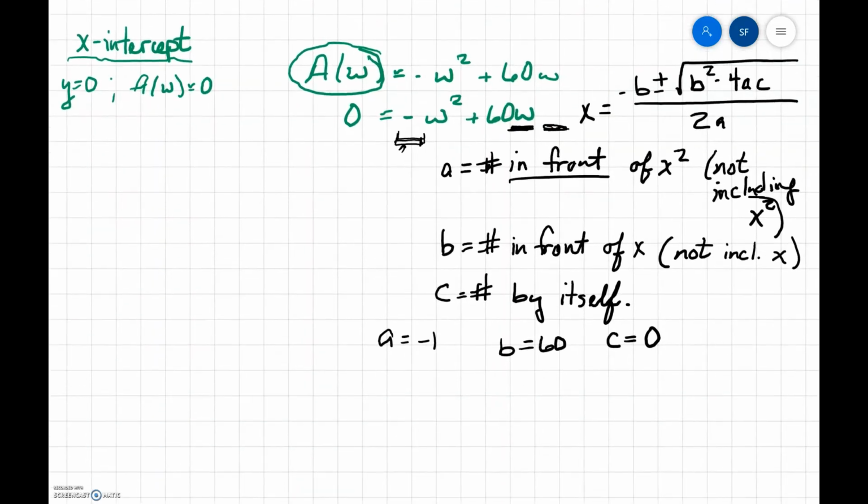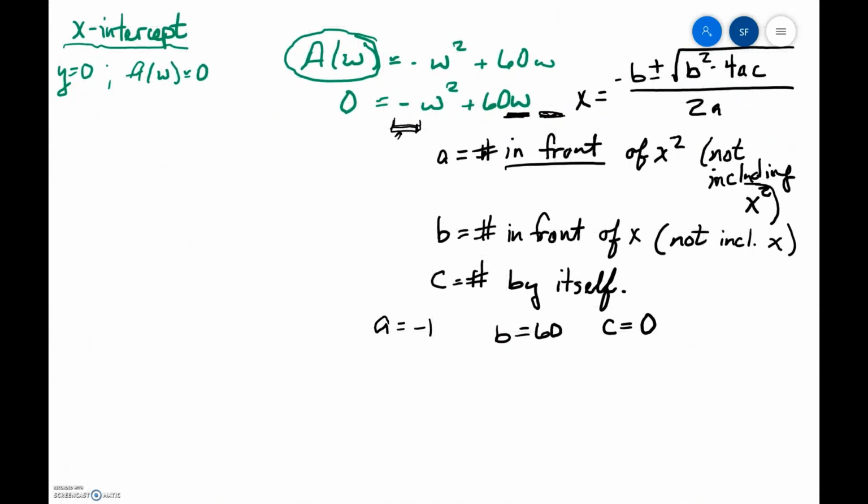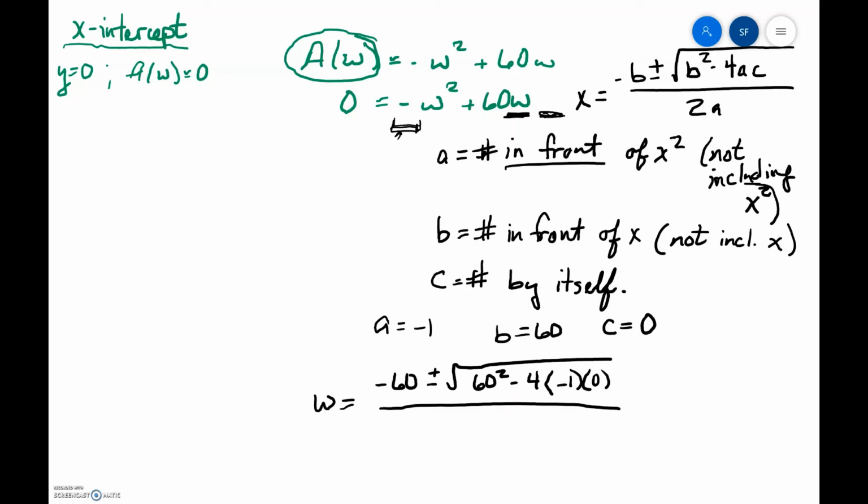So if we plug those three values into, we're not doing x's, we're doing w's, into my quadratic formula, I get a -60 plus or minus square root of 60 squared minus 4 times -1 times 0, all over 2 times a -1.